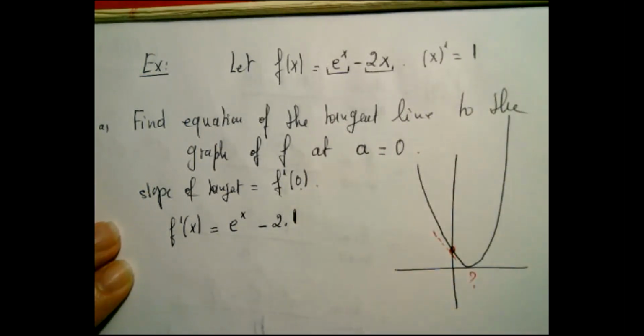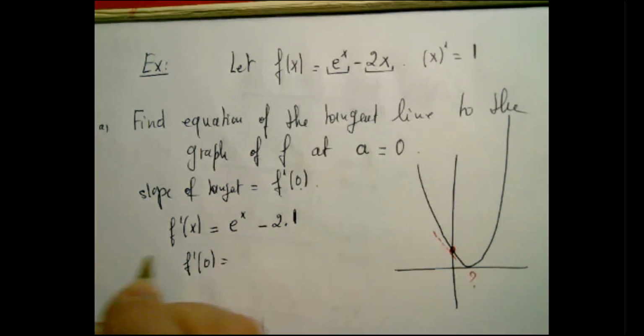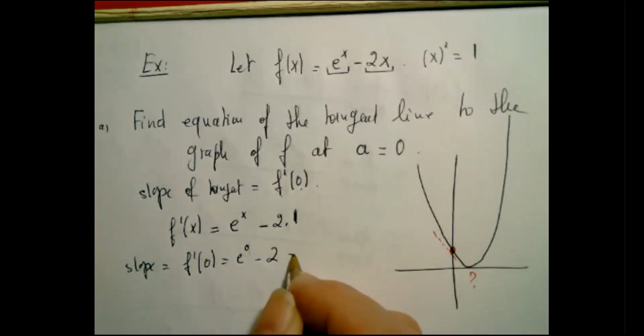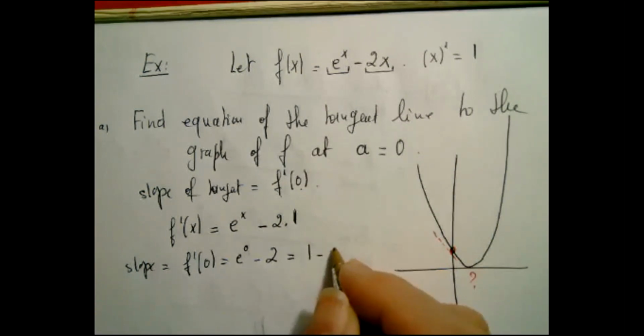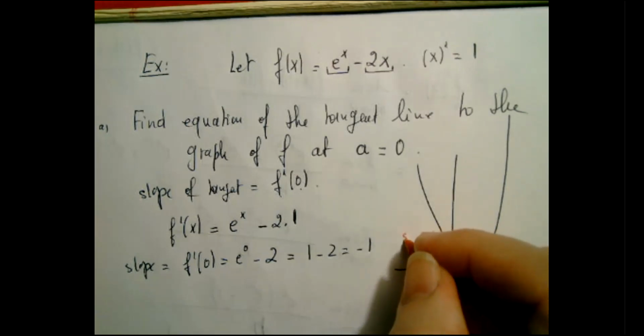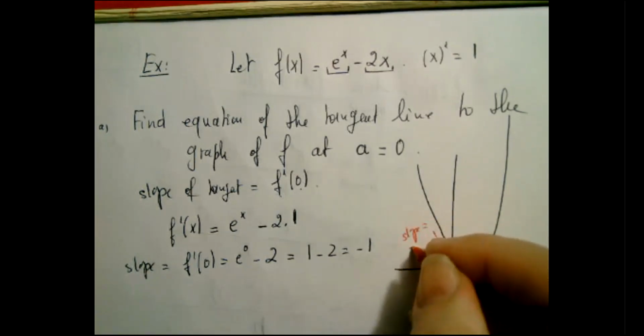Okay, so that's the derivative. Now I need it at the specific value, which is 0. So that gives me the slope of the tangent line. That's e to the 0 minus 2. Anything to the power 0 is 1. So this gives me minus 1. So the slope is minus 1.